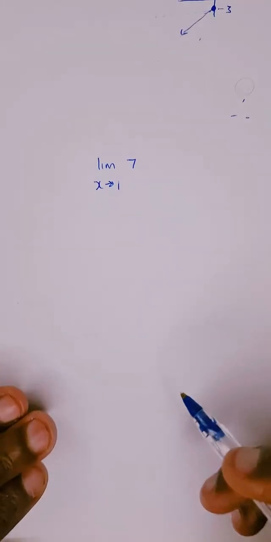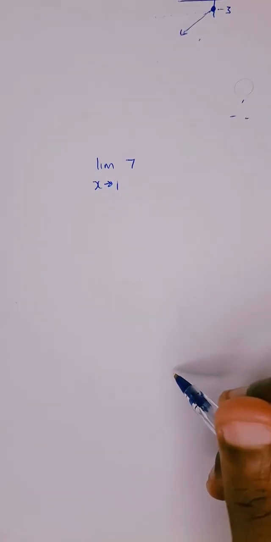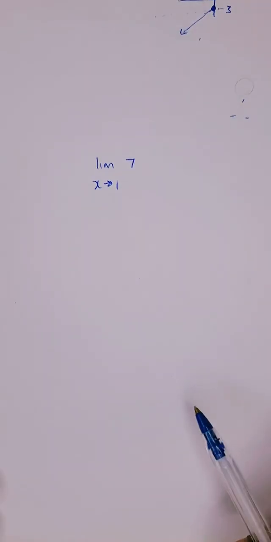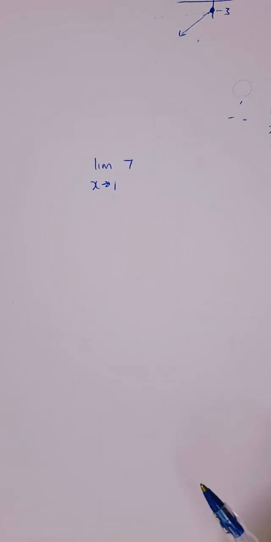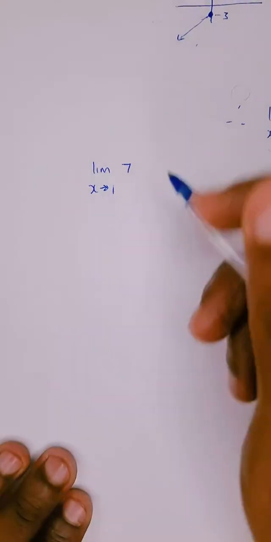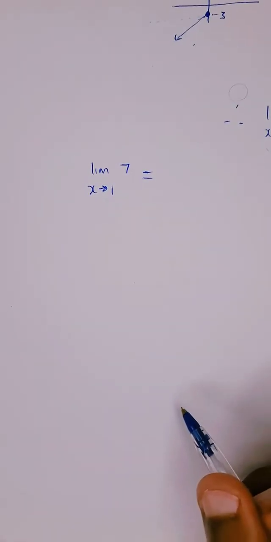Give me the value of the limit of 7 as x approaches 1. Let's see, the comment section should be ablaze. The limit of 7 as x approaches 1.